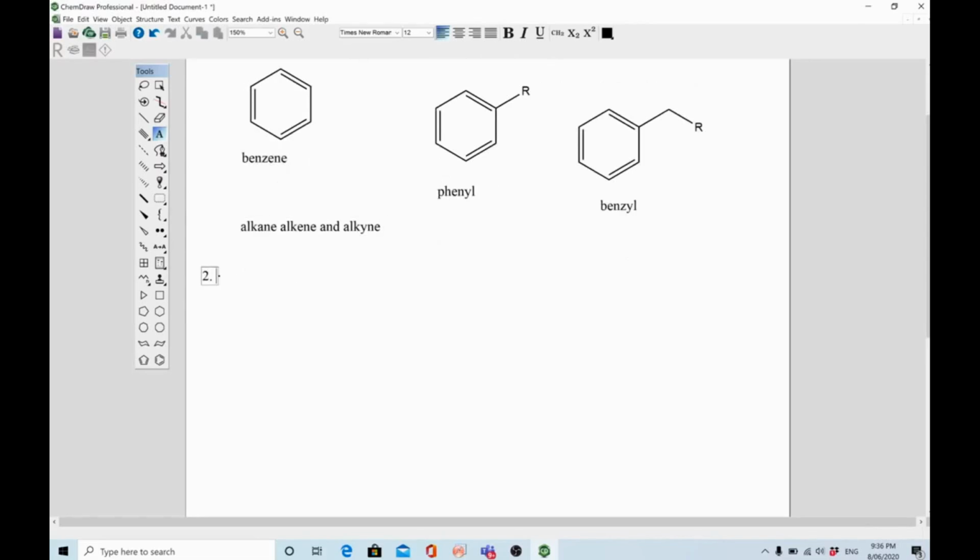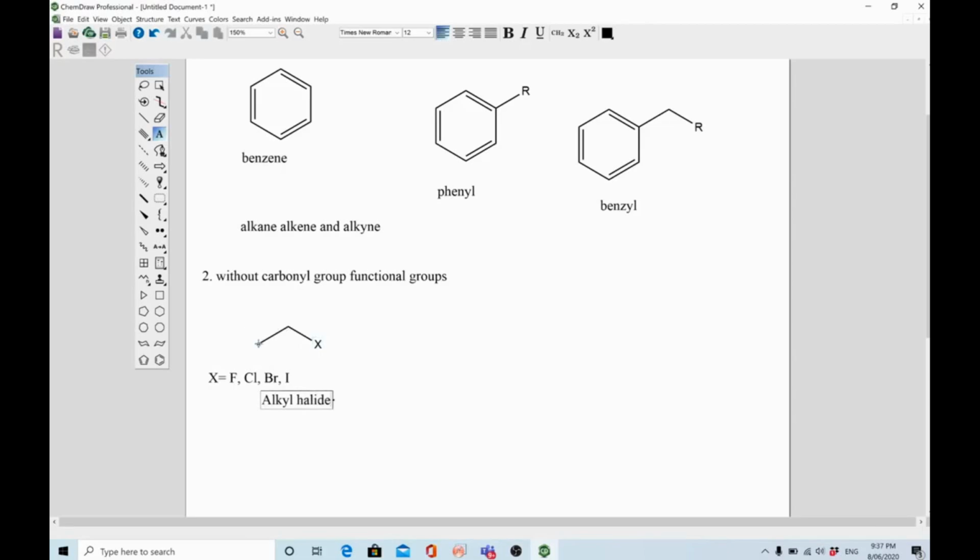Next type of functional group which I'm going to classify is without carbonyl group functional groups. So one is alkyl halide. X is a halide. X is equal to fluorine, chlorine, bromine, iodine, and the name of the functional group is alkyl halide.